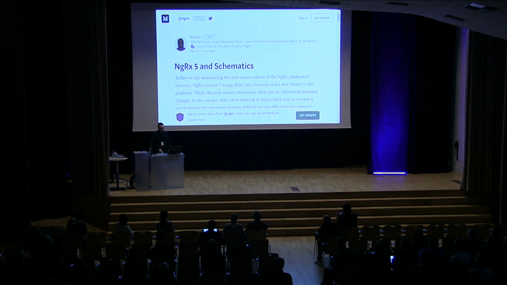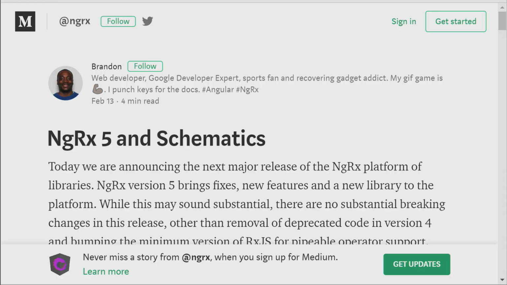On the other side, the people behind NgRx also published a schematics project some weeks ago. It was at the beginning of this month. And it allows you to generate all the boilerplate you need for schematics.